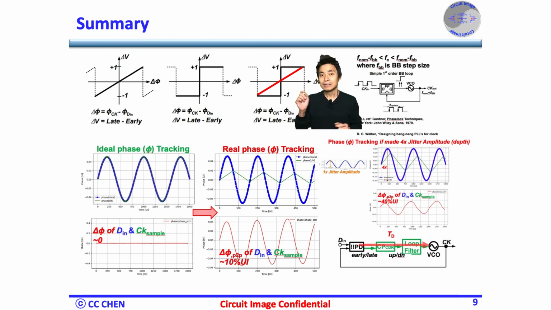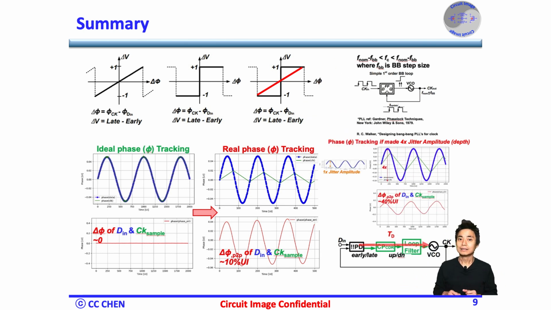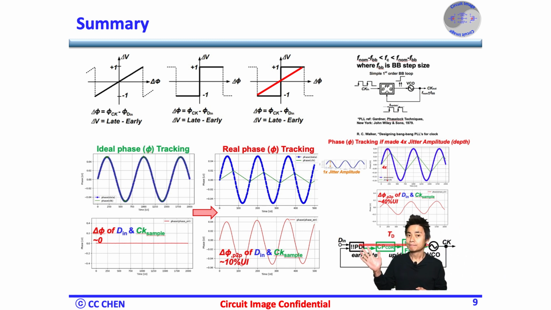Unfortunately, every linearization approach assumes a small signal approximation that has a big discrepancy from the real large signal and nonlinear dynamic in the bang-bang behavior. On the other hand, there are lots of design parameters in the CDR design, and it's impossible to run all the time domain simulations in SPICE.